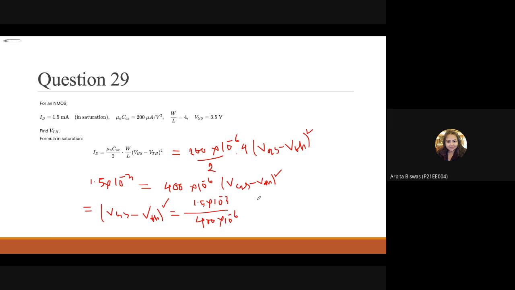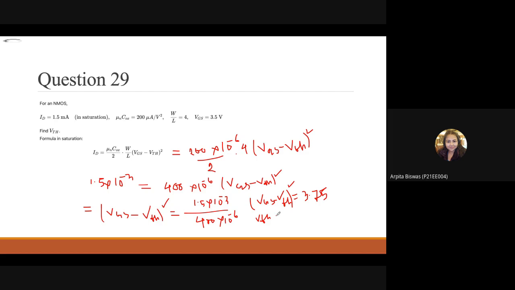So VGS minus VTH is equal to 3.75. Okay, so now tell me what is the value of VTH? Yes, 3.75 is the value of (VGS minus VTH) whole square.